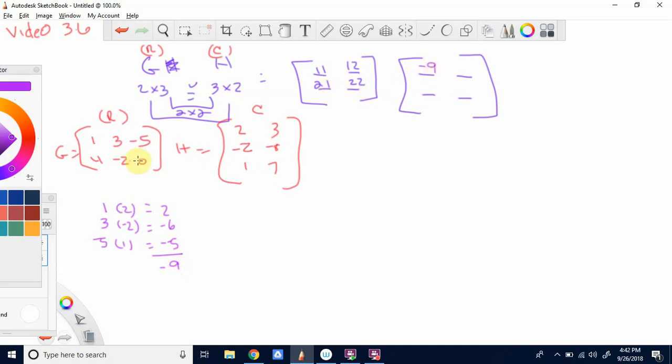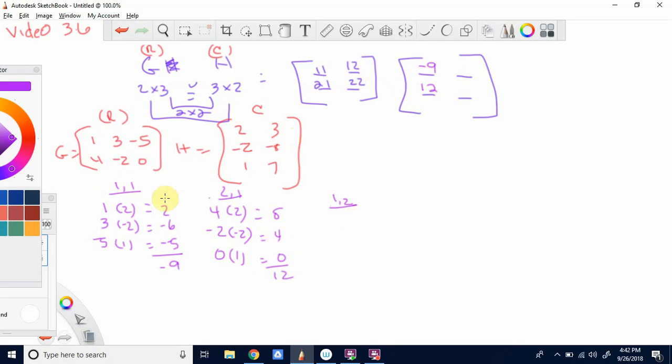Then I'm going to take row 2, so 4, negative 2, 0, times column 1: 2, negative 2, 1. 8, 4, 0, 12. That's going to go right here. Then I'm going to do 1, comma 2. I guess I should label these 2, comma 1 and 1, comma 1.